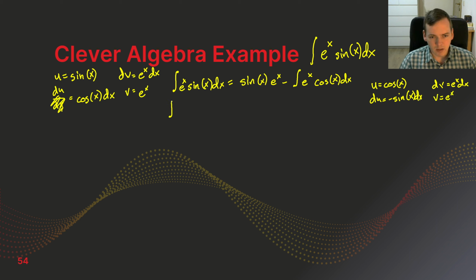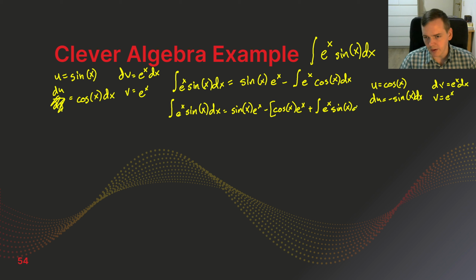That leaves me with the integral of e to the x sine of x dx equal to sine of x e to the x, haven't changed anything yet, minus uv, which is cosine x e to the x, minus the integral of v du, which is e to the x sine of x. I moved that negative out there from the negative here to the outside.